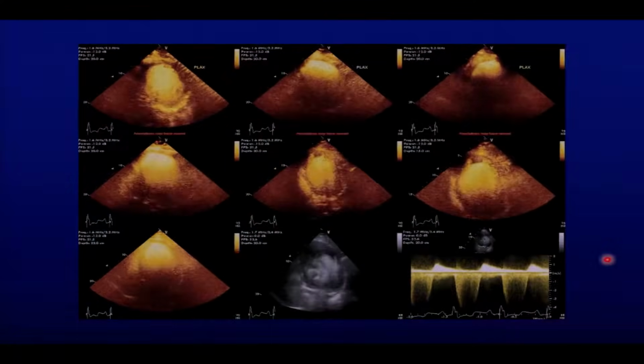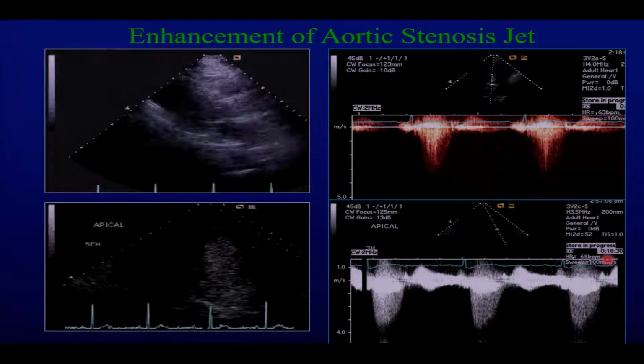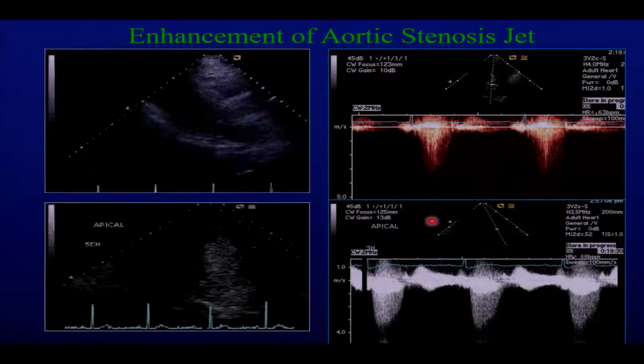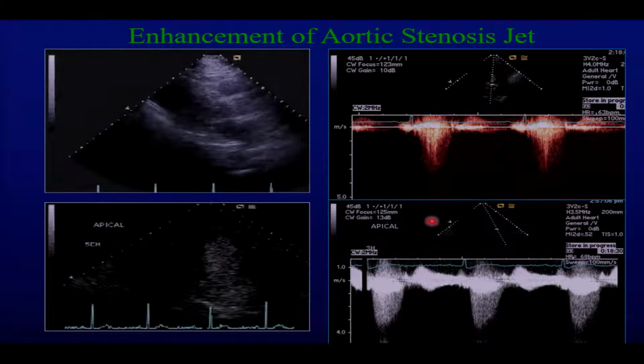Right? So, okay. Aortic stenosis. I think most of the time you should not use contrast. If you get a good jet, don't use contrast. You know what would happen is you would increase the velocity early on in the contrast, so you've got to be careful. You will overestimate the gradients. Okay?